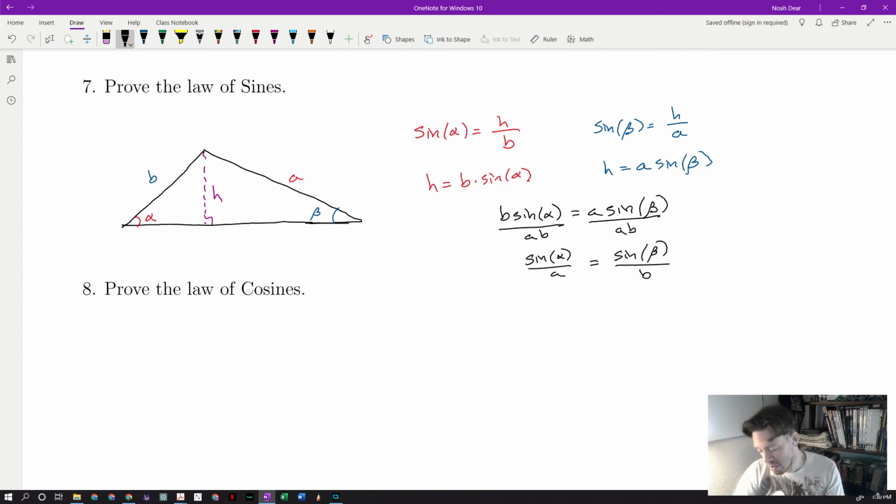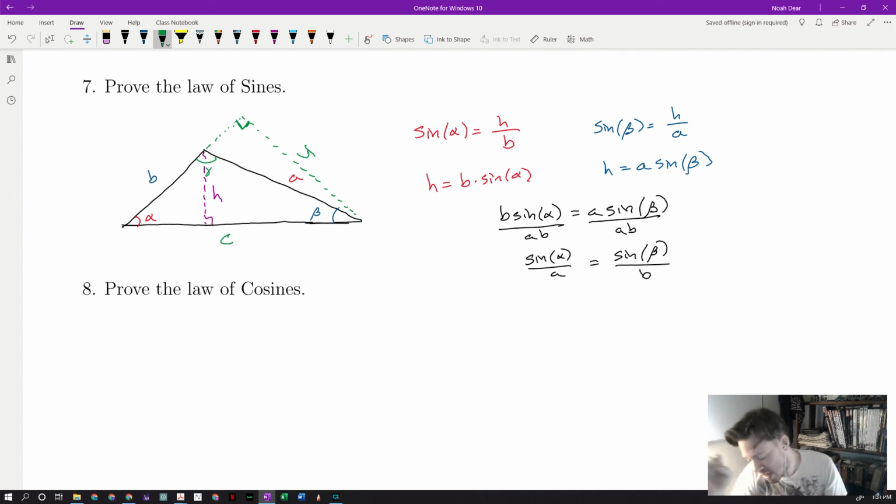And then similarly, I could set up another right triangle. This one's a little bit more obscure to see. Set it up here. This would be a length H. This is gamma.